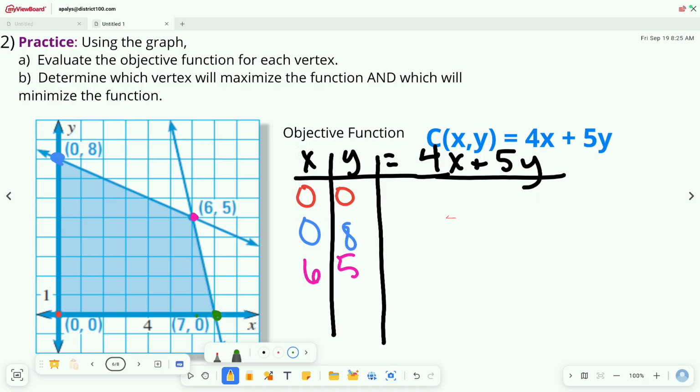And we've got 7, 0. We're going to put those X and Y values into the objective function. For each of those, we're going to do 4 times whatever the X value is and 5 times whatever the Y value is and see what we get for our answer.